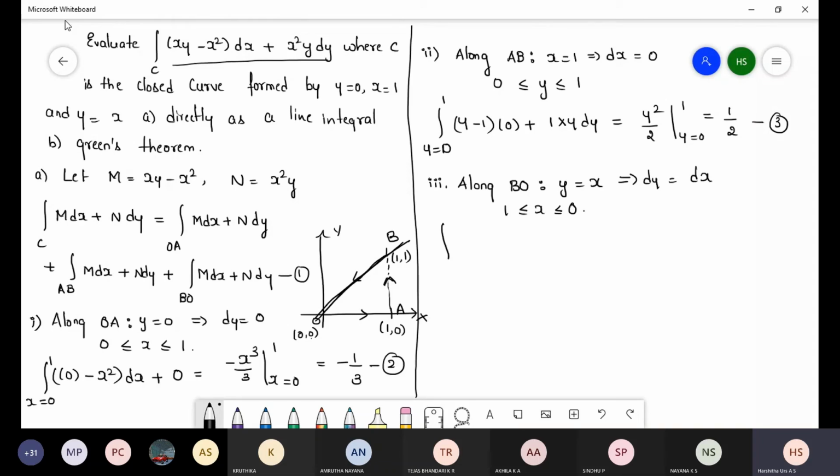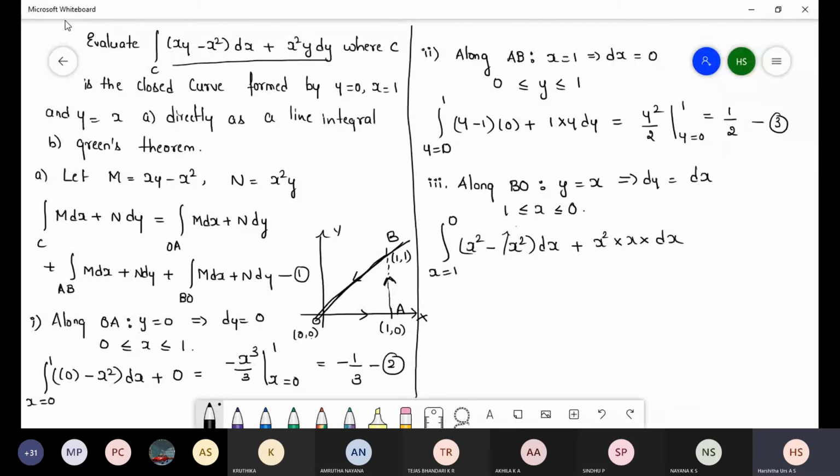So here limit x is equal to 1 to 0. Wherever y is there, we have to write x, and wherever dy is there, we have to write dx. So here x square minus x square in the first term, then dx plus x square into x into dx.